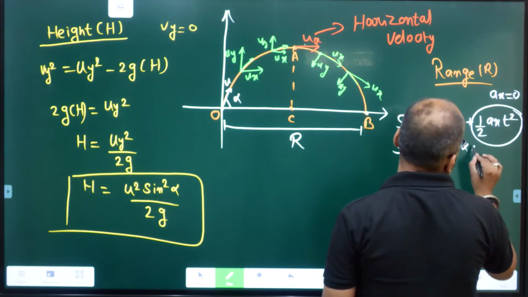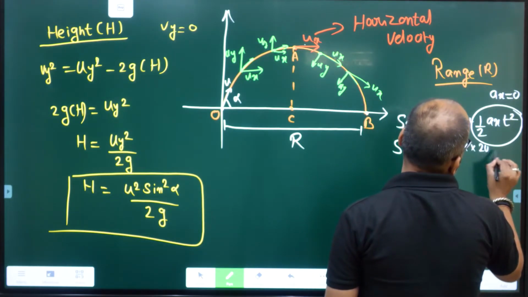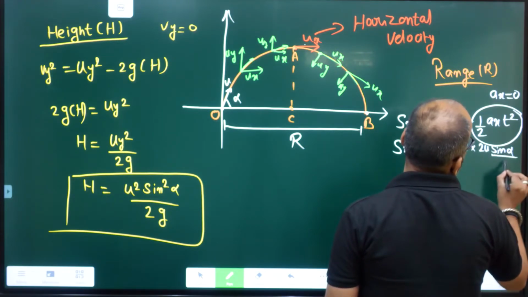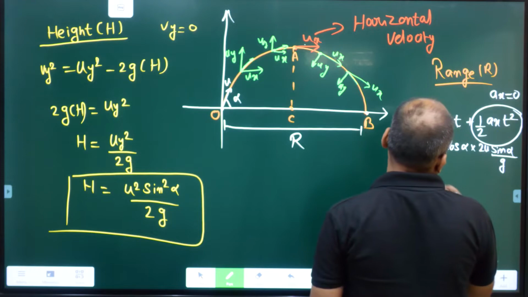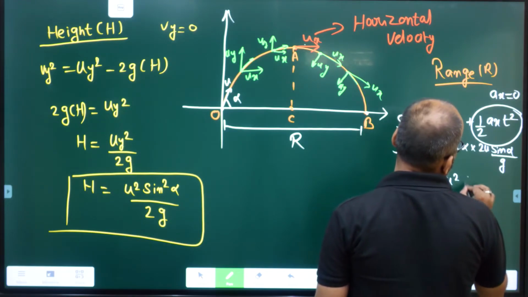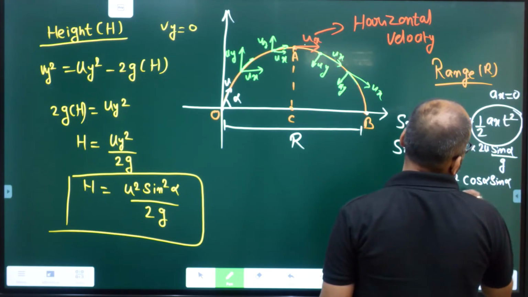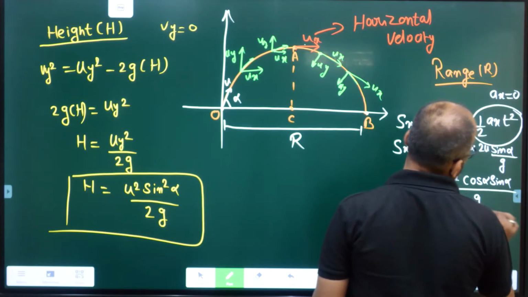So into 2u sin alpha upon g, it becomes 2u square cos alpha sin alpha upon g.